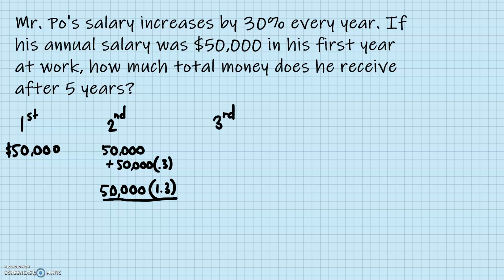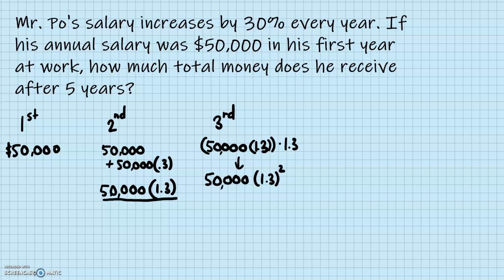On the third year, you're multiplying 1.3 again to his salary on the second year. So you're multiplying 1.3 to this, and now this becomes 50,000 times 1.3 squared.